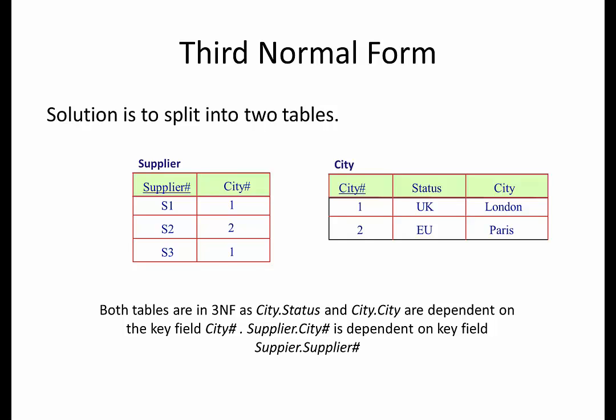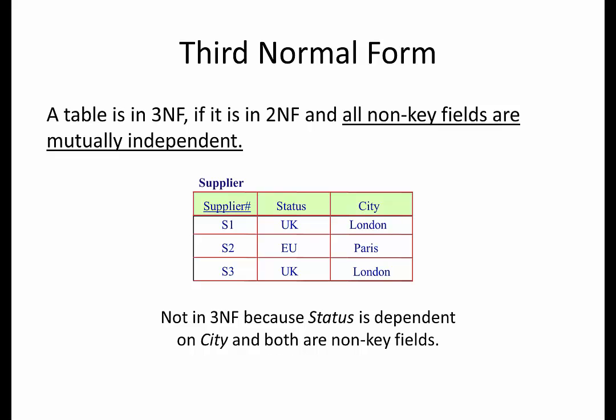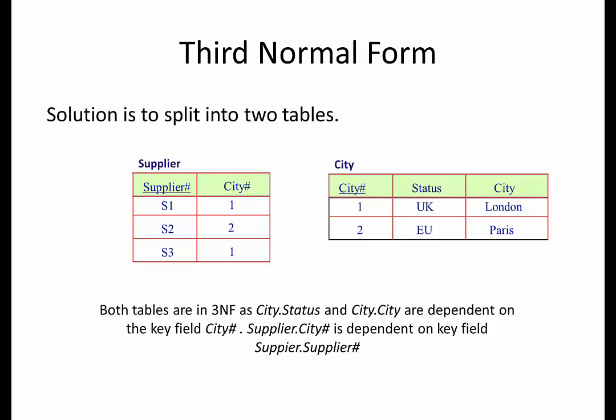City status and city are dependent on city number, and city number becomes a foreign key in the order table. This should be order rather than supplier table there. Okay. So we split apart like that. So we split the cities apart from the supplier information.